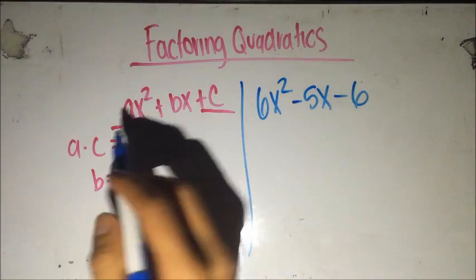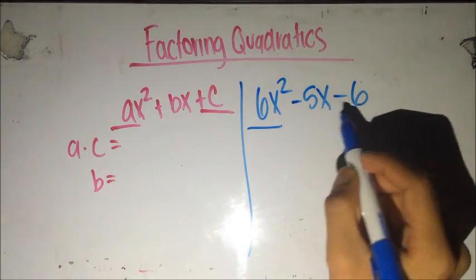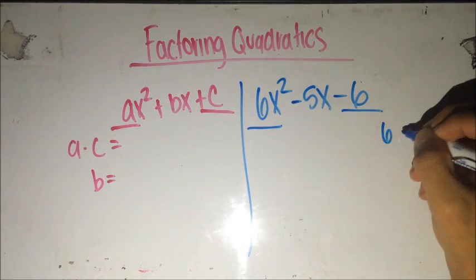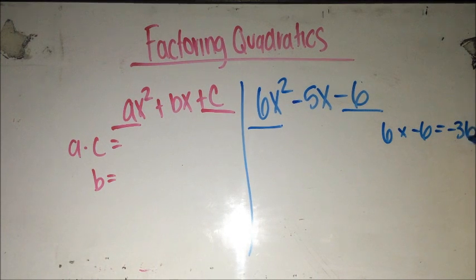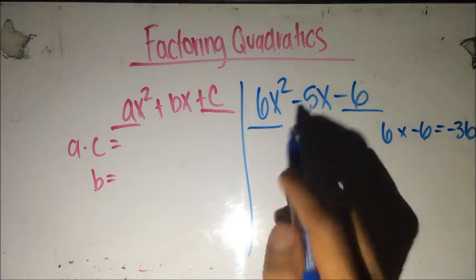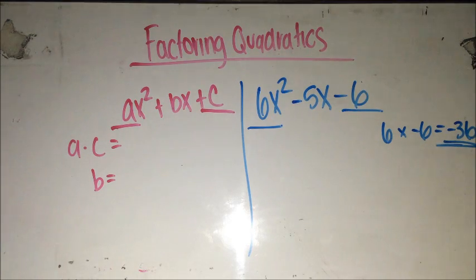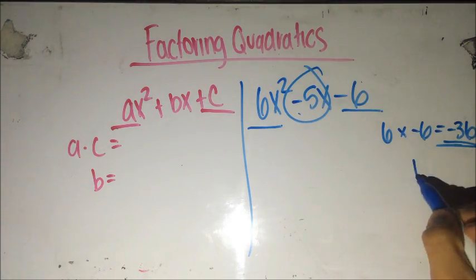So we find out a, which is 6, and c, which is negative 6, so we multiply those. 6 times negative 6 equals negative 36. Now we have to find the factors of negative 36 that add up to negative 5, which is b.